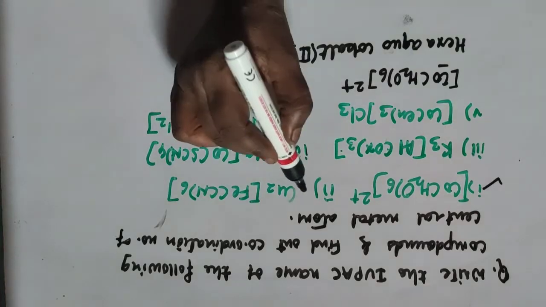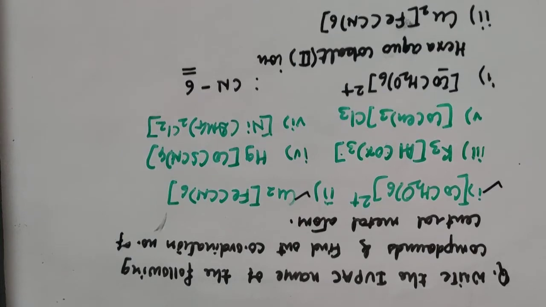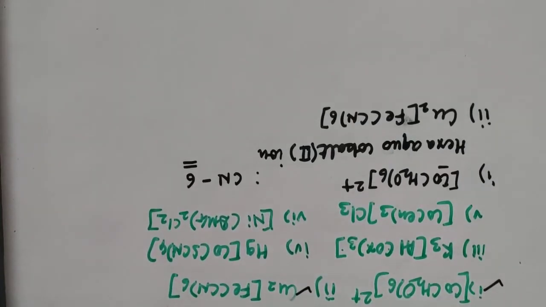What about the second one? The second is Cu2[Fe(CN)6]. This was the first compound, we'll take the second now. Cu2, then [Fe(CN)6]. If you consider this compound, then this is in anionic form.